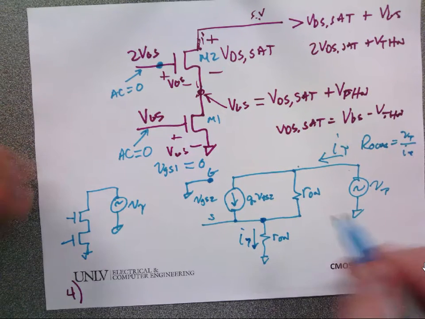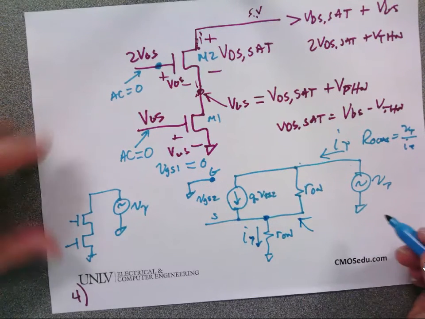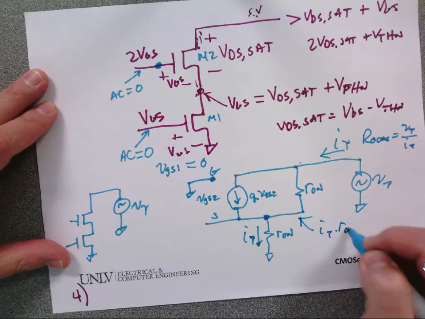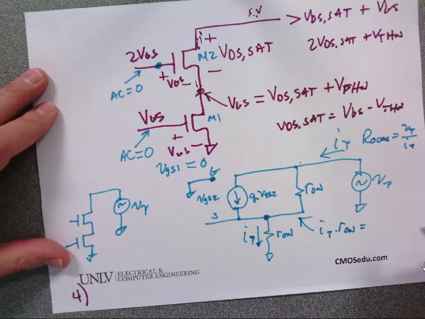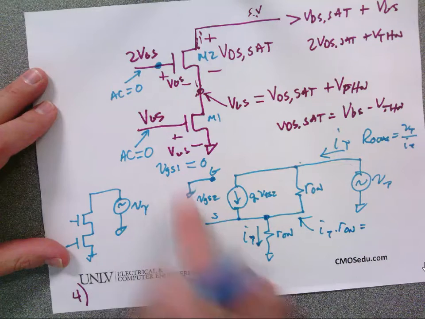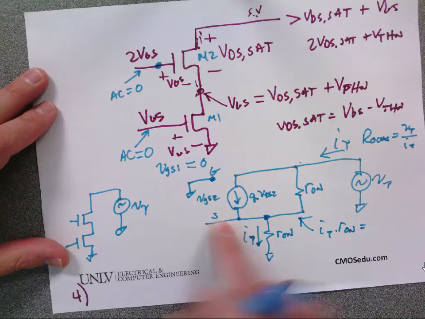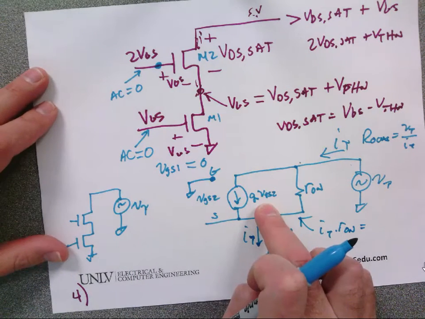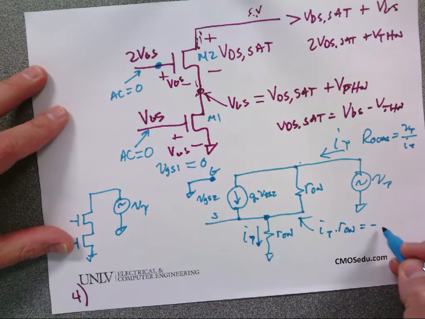So what's this voltage? And what is that equal to? 0 minus I_T R_out1 is equal to VGS2. So I can write, how about I write it out? 0 minus V source.